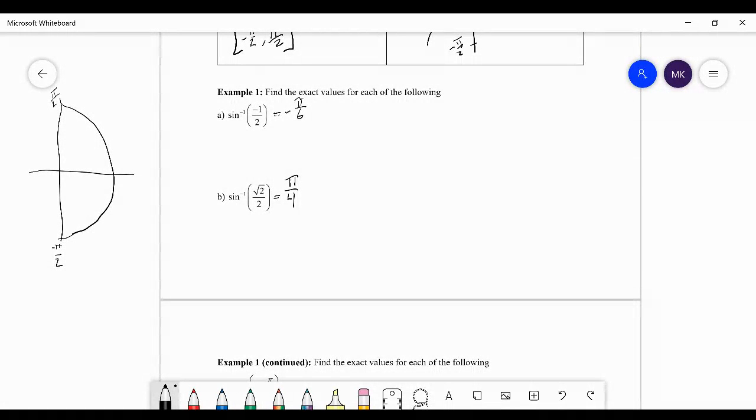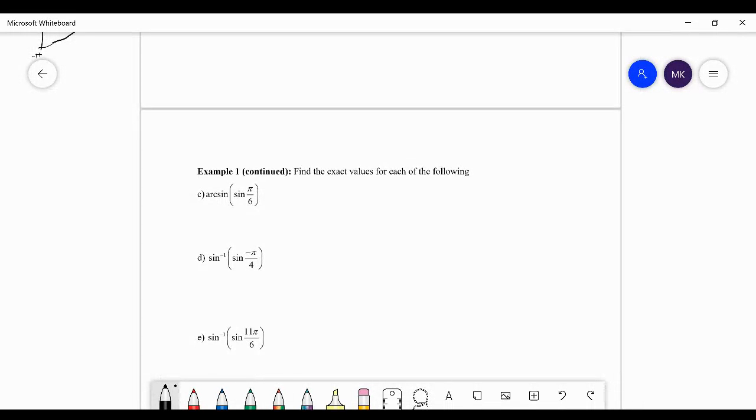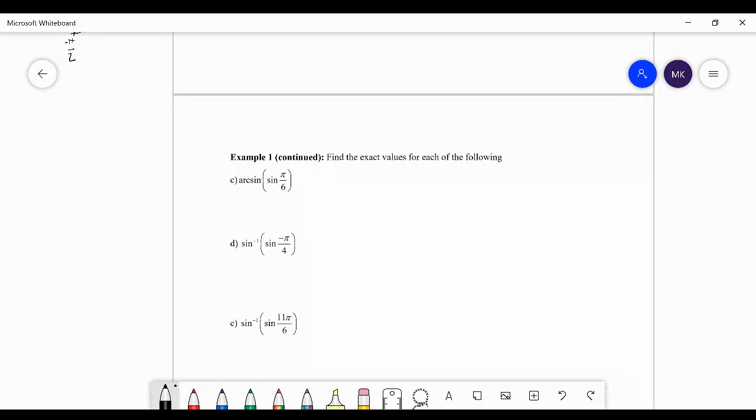So if we think of our sine function being anything with angles between negative pi over 2 and pi over 2, composing the two functions works perfectly and is no problem. So since we're looking at part C here, we're finding the exact values of these things.